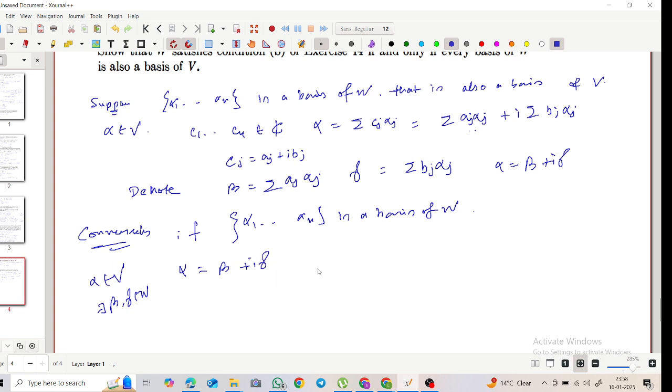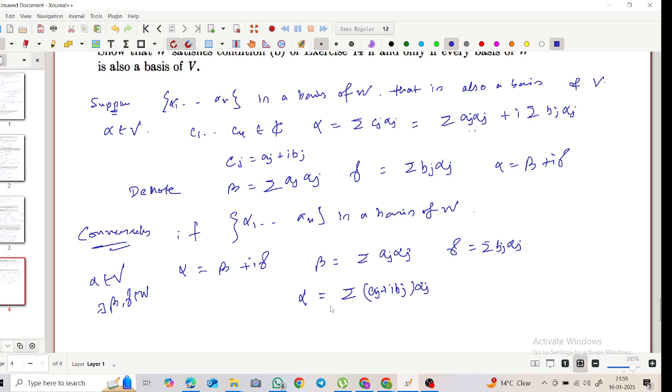Now see, this is a basis of W, so beta is summation Aj alpha j and gamma is summation, these are in W, na, so this is the basis of W. Bj alpha j maybe. So again alpha becomes summation (Aj plus i Bj) alpha j. Okay.